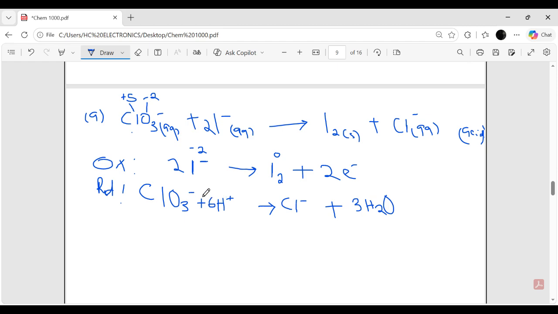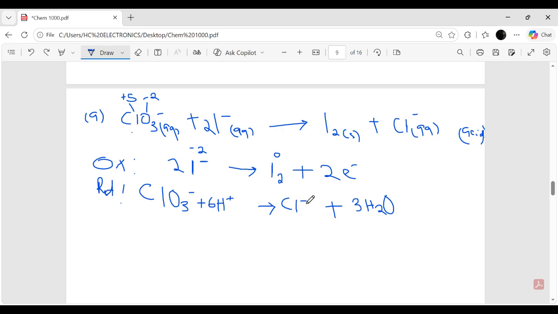So this side is going to be 6 plus -1, which is plus 5, right? So it's going to be 5 electrons this side.